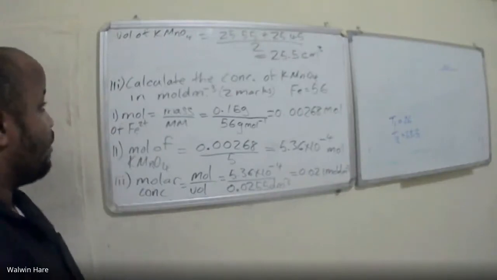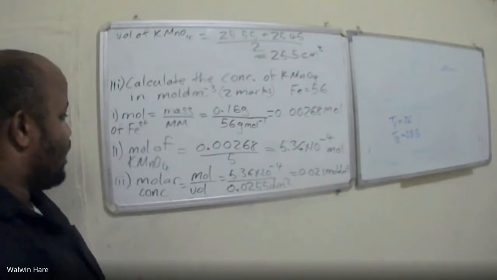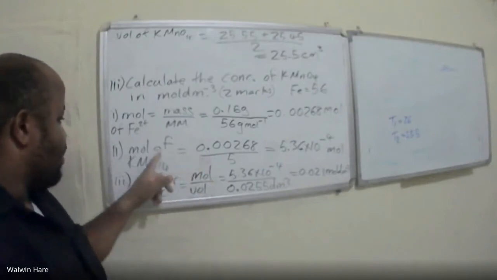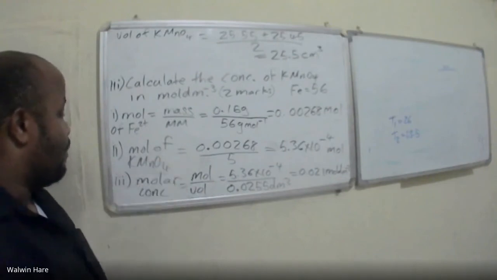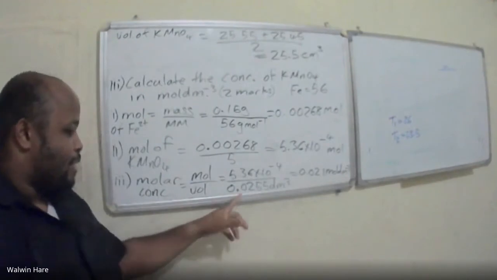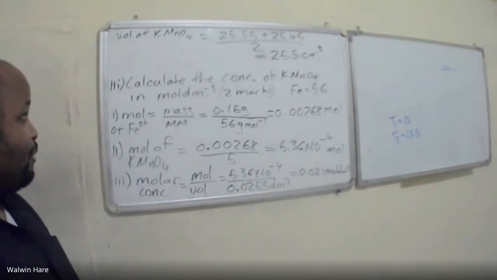All right. And once we have that, we use, as usual, the balanced equation to get the mole ratio and therefore the mole of KMnO4. All right. And once we have the moles, we divide it by the volume to get the molar concentration.